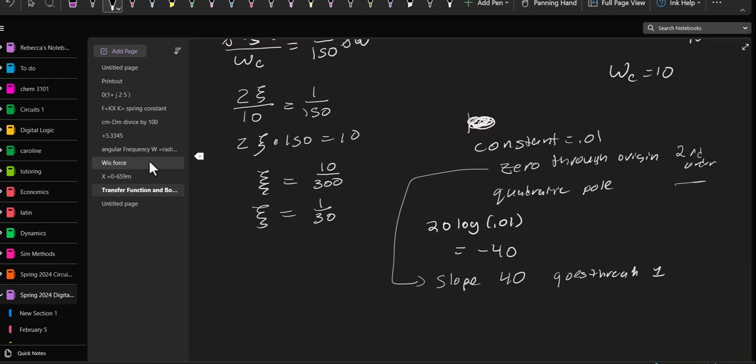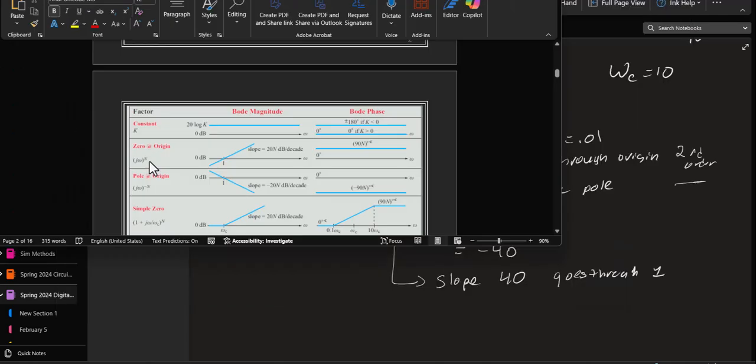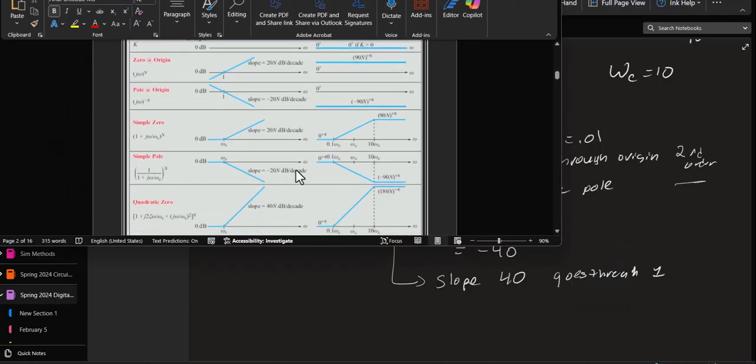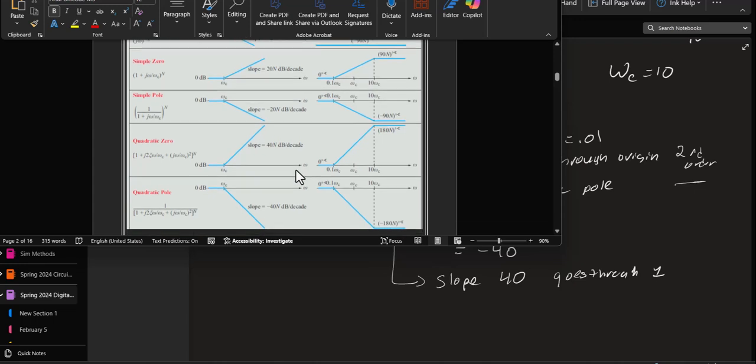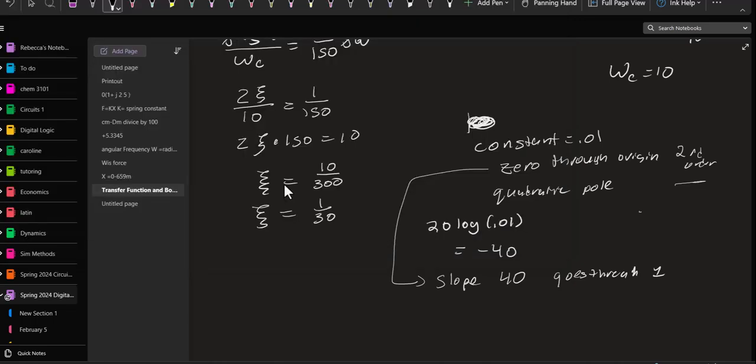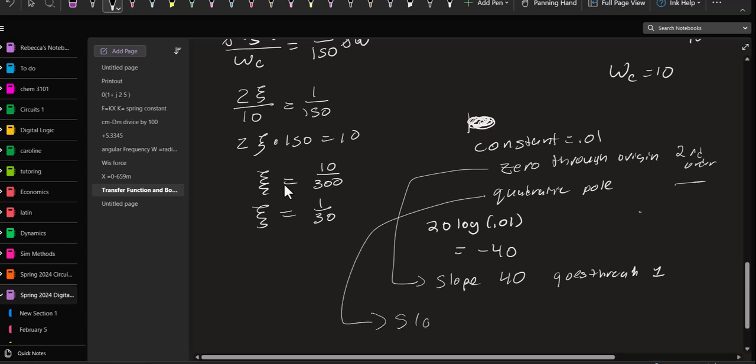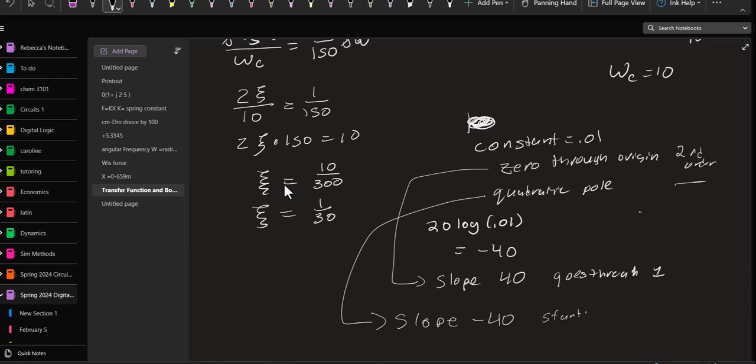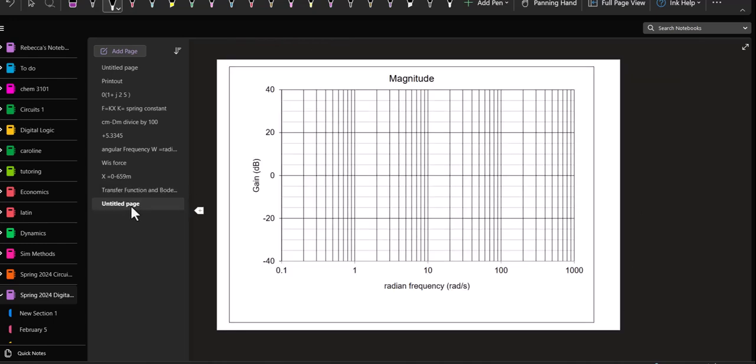And then we have a quadratic pole, which gives us a slope of -40, and it starts at the corner frequency, which was 10. Okay, so now we can graph this.